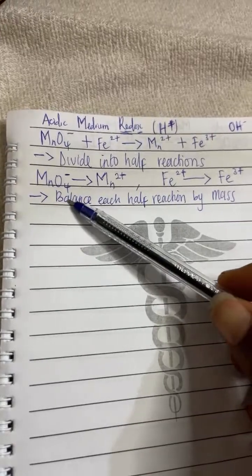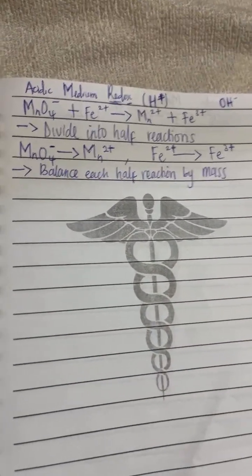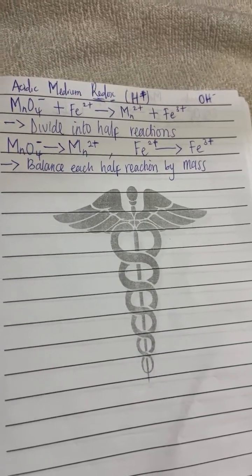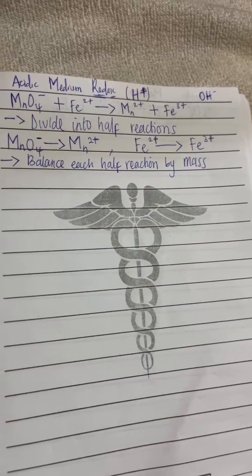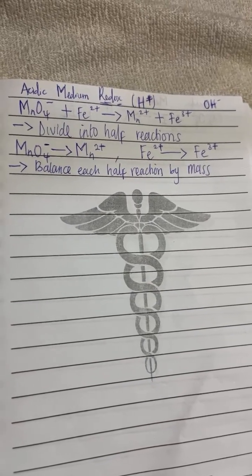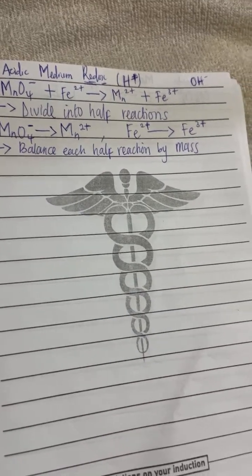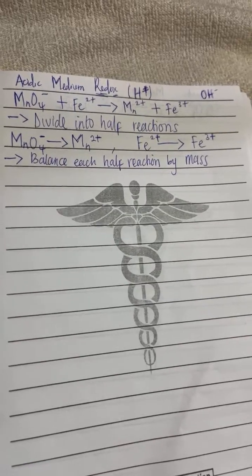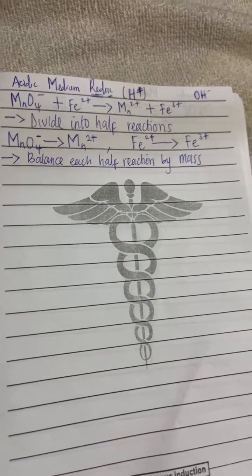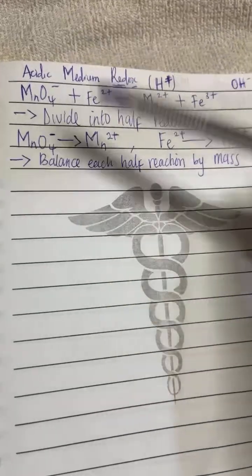When I say you balance by mass, I mean you should balance it normally, the way you used to balance your normal chemical equation. You balance each half reaction by mass, ignoring oxygen atoms or hydrogen atoms, if that be the case. You just consider the main atoms that are at the product side and the reactant side.